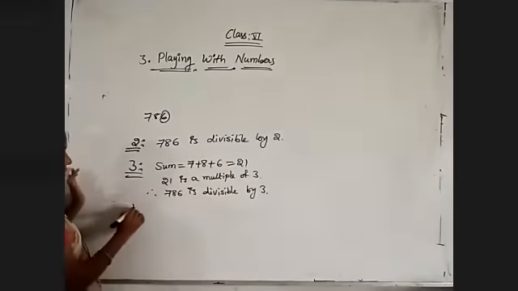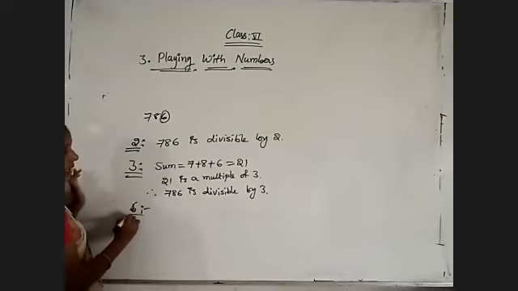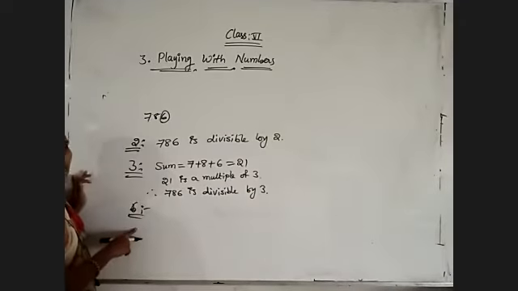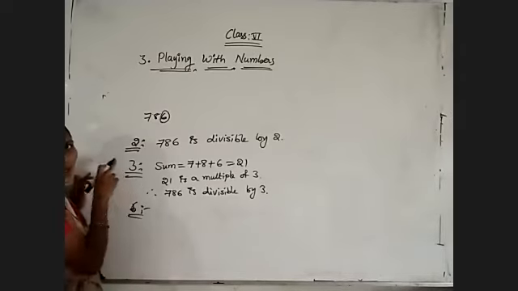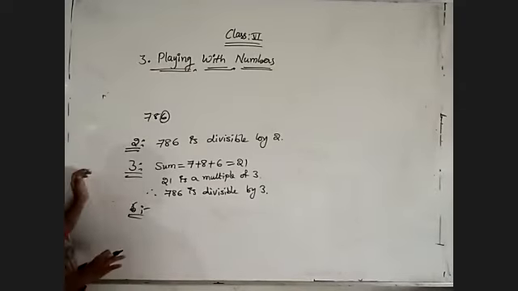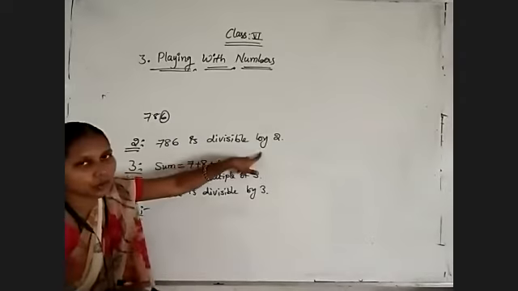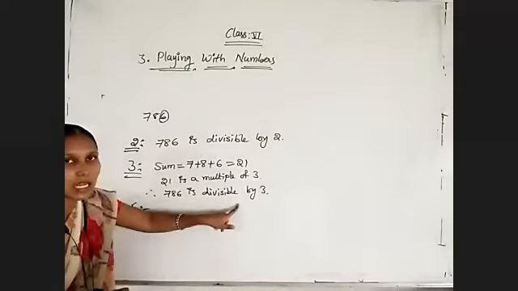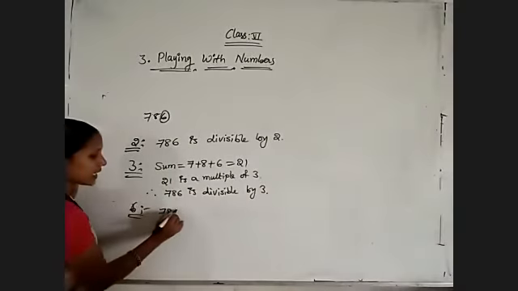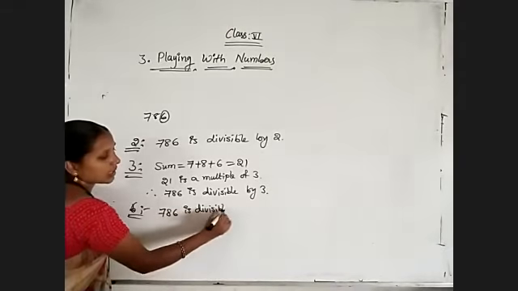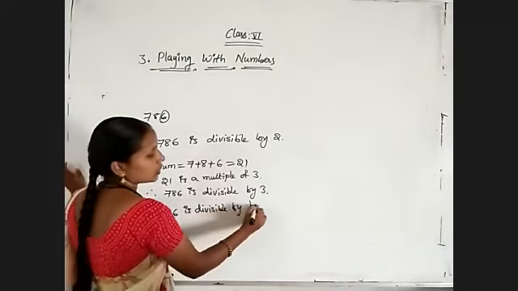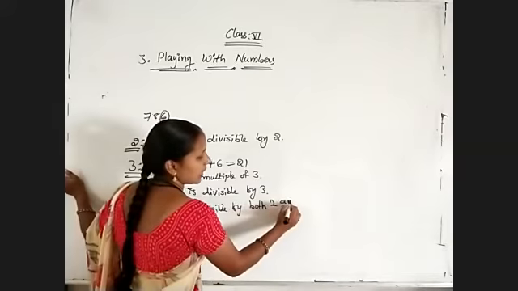Okay, now 6. What is the divisibility rule of 6? If the number is divisible by 2 as well as 3, then only it is divisible by 6. Observe, it is divisible by 2 and it is divisible by 3 also. Therefore, 786 is divisible by both 2 and 3.